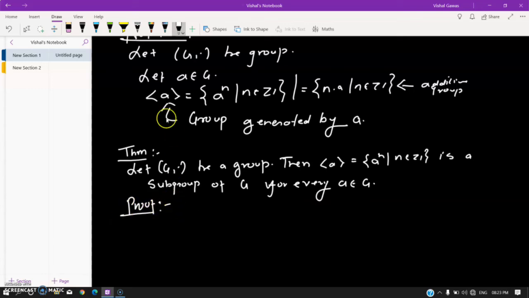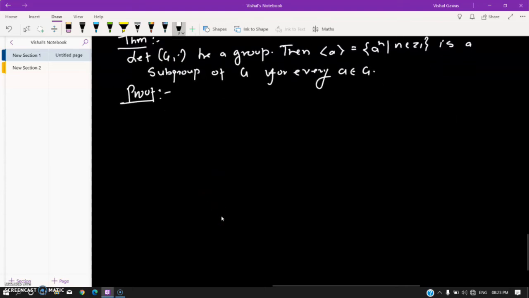We have already seen that it's a subgroup, so the proof is pretty straightforward. All I have to do is use the one-step subgroup test.